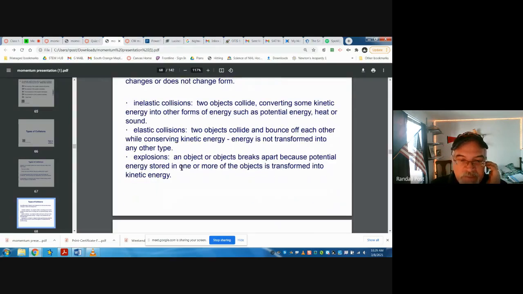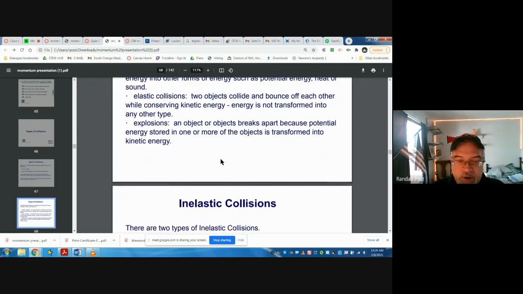And then finally, explosions. This is when something is completely stuck together in the beginning, and then it breaks apart because of energy stored in one or two objects. Like there's a spring in between them, and you release them, and they fly apart.